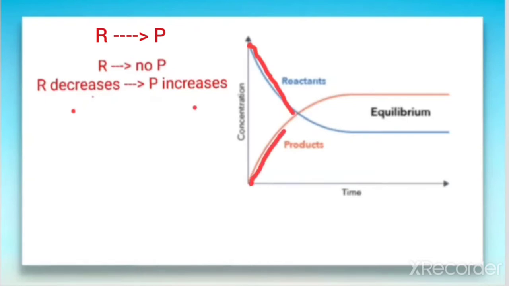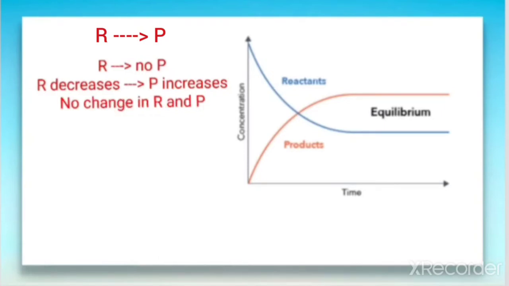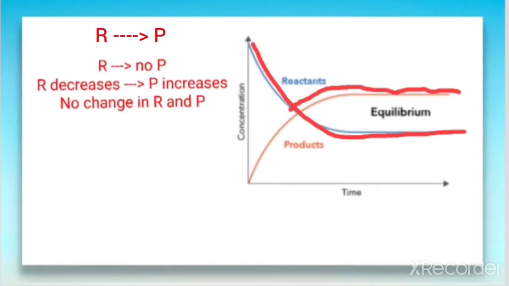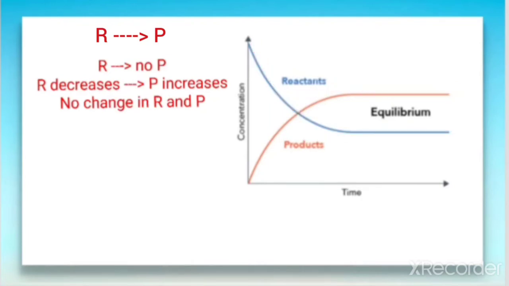That means you can see the plot for product is increasing. So a stage is reached where there is no change in the concentration of reactant and the concentration of product. That stage we can identify in the plot as a straight line.